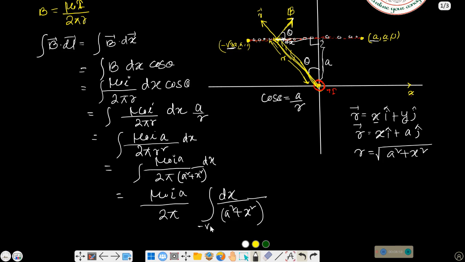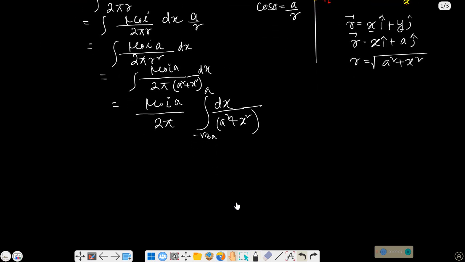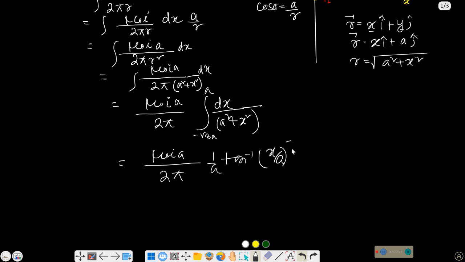So we get mu naught I a by 2 pi times the integral, which gives 1 by a tan inverse of x by a, from minus root 3 a to a.